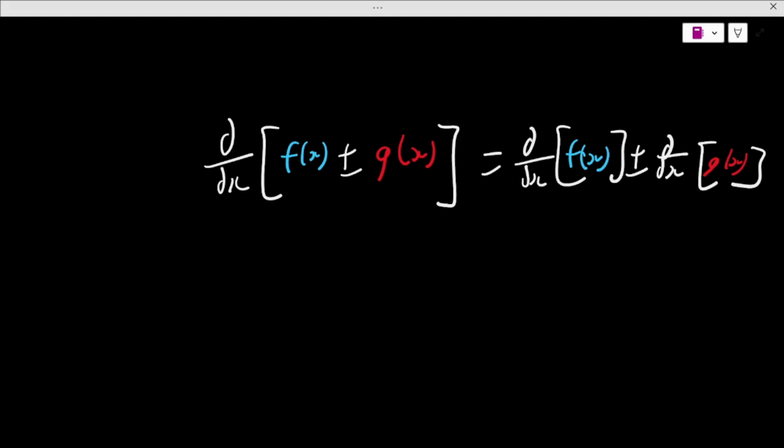What this means is that if we have multiple terms that we want to differentiate, multiple terms being things separated by a plus or a minus, we can differentiate each term separately.